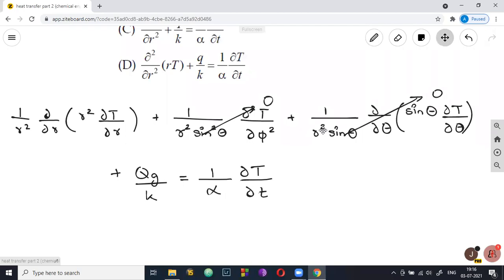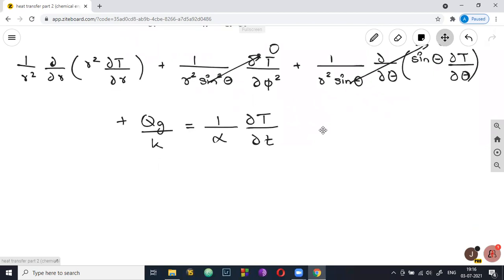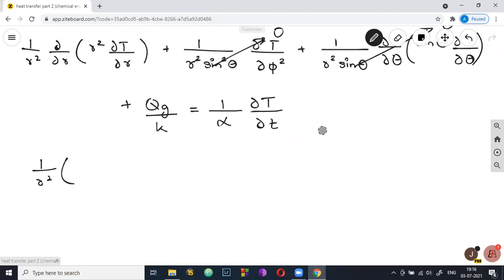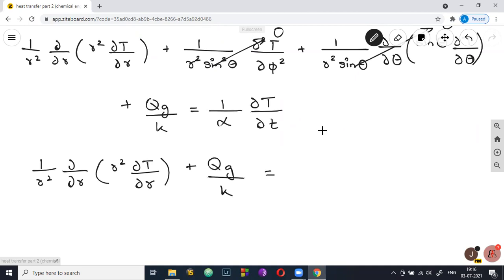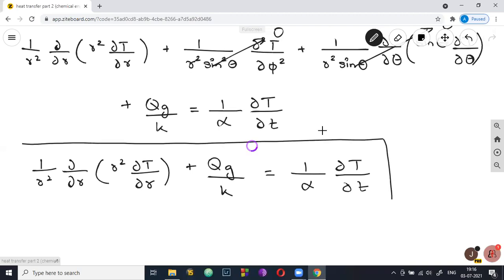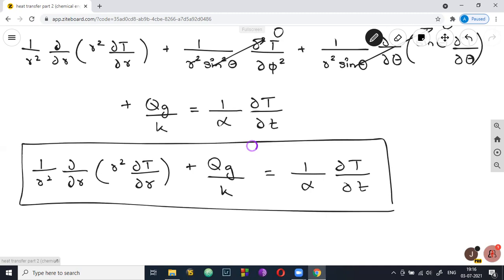So what is the remaining equation now? 1 by r square into dou by dou r into r square dou T by dou r plus g by k is equals to 1 by alpha dou T by dou small t. So this is what the equation reduces out to be. So the answer is what?